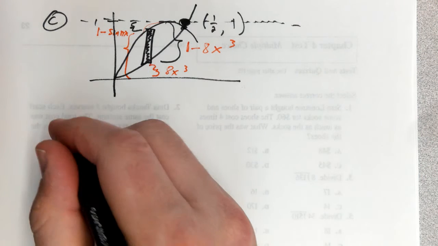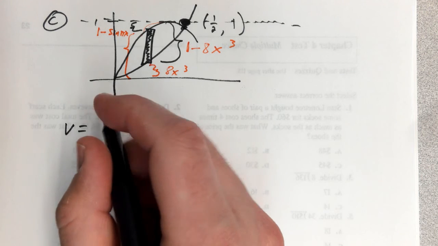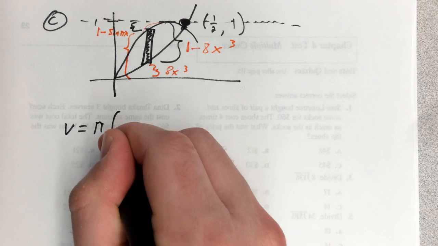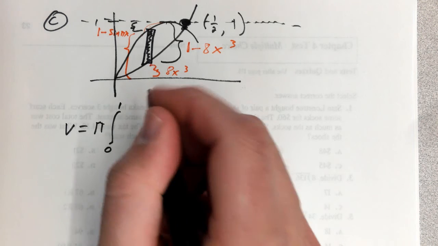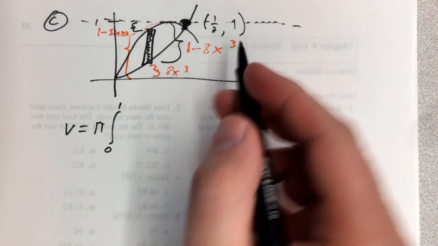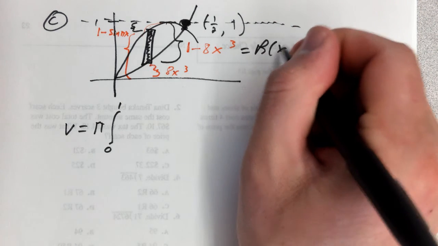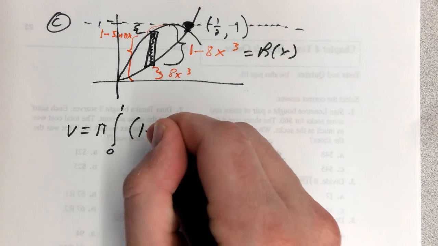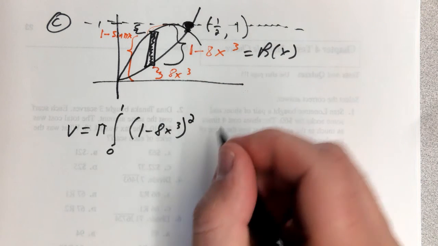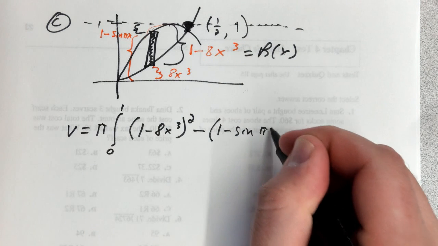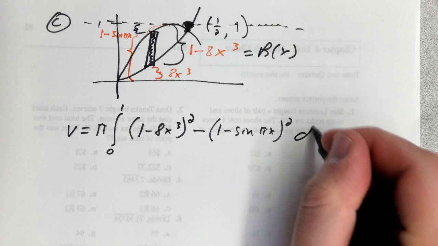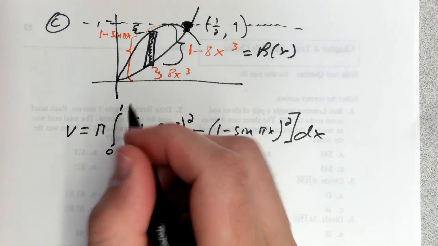All right, so for the volume integral, you should get pi times the integral from, and we're all in terms of x here, so it's going to be from 0 to 1/2 — sorry, 0 to 1 as I wrote — of the outside radius, which is big R of x, so this is going to be (1 minus 8x cubed) squared, minus the inside radius, which is (1 minus sine of pi x) squared, all of that with respect to x.